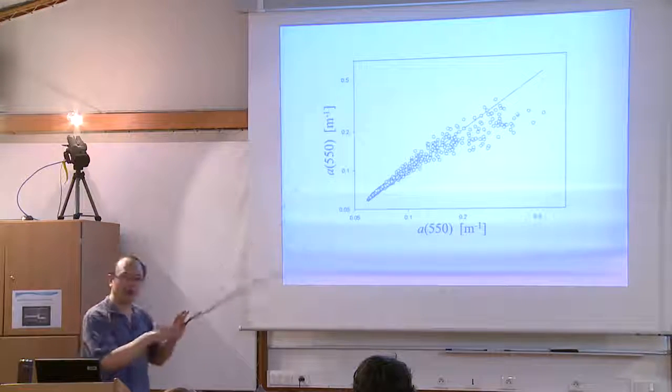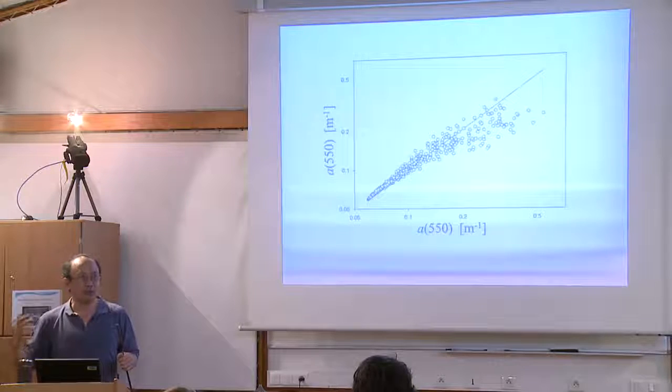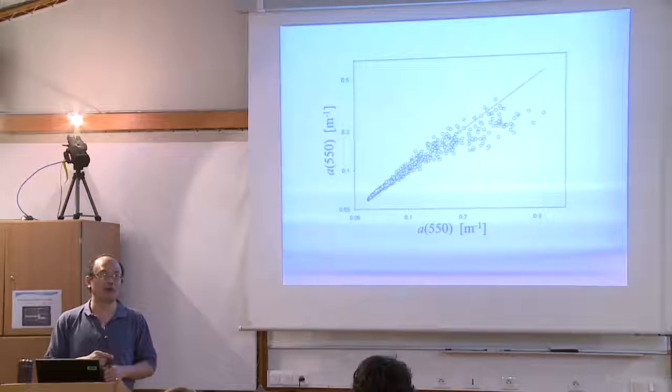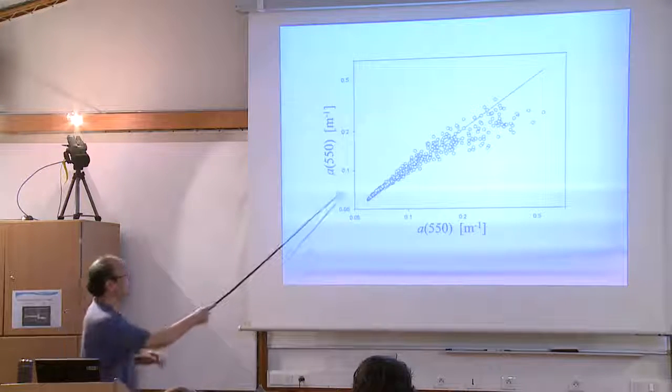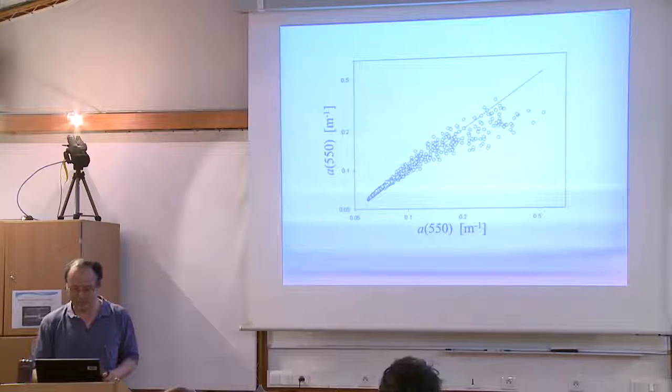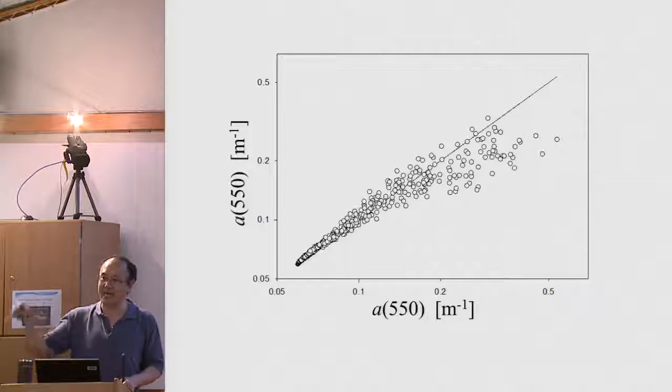So with this, we can really do a very accurate retrieval for most of the oceanic waters. But this is empirical. This is not an analytical solution. So that's where the quasi-analytical comes in. It's not completely analytic. We have to have some empirical built in.